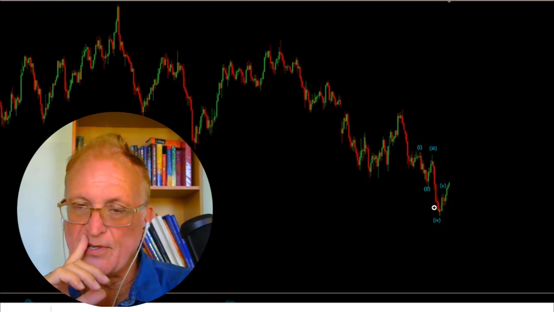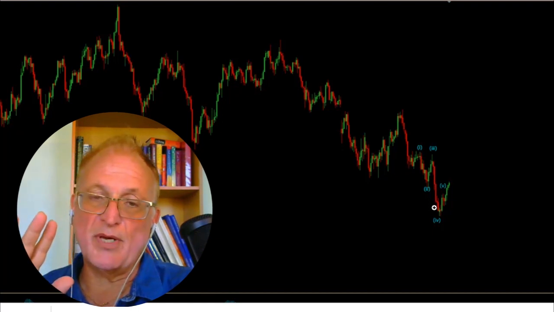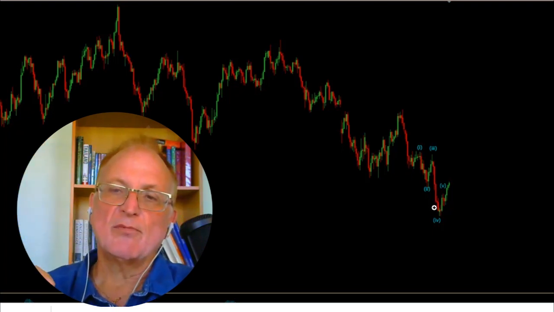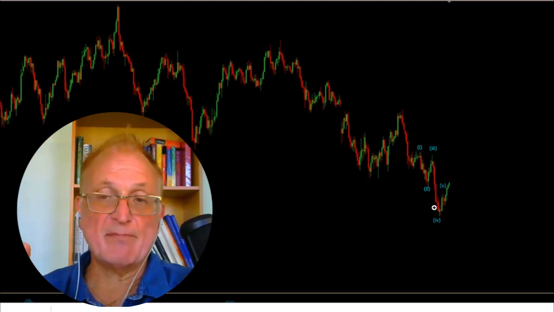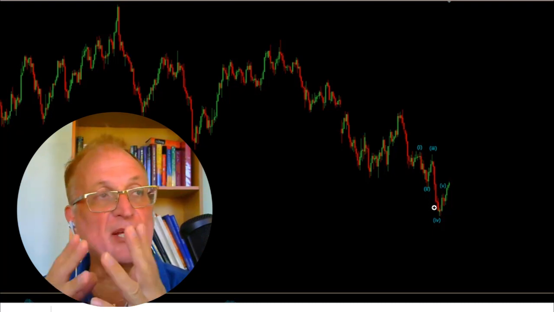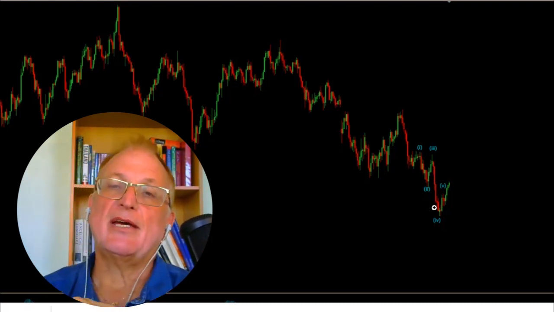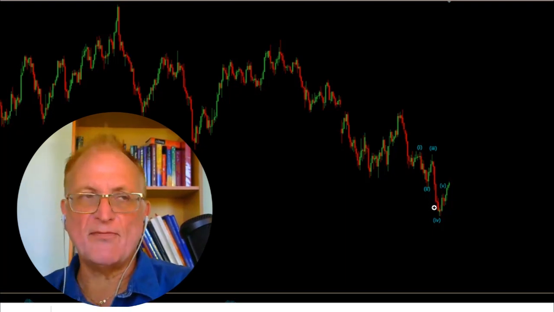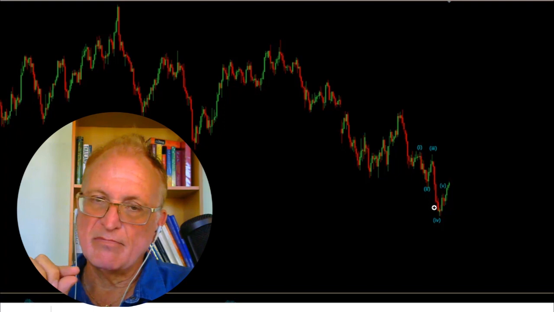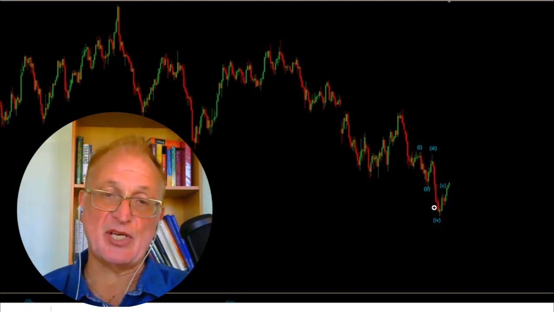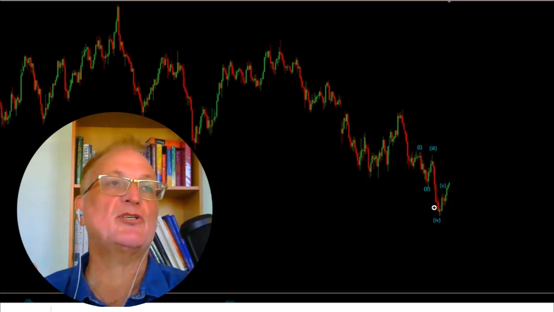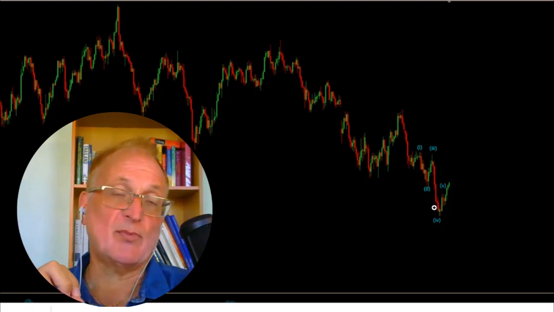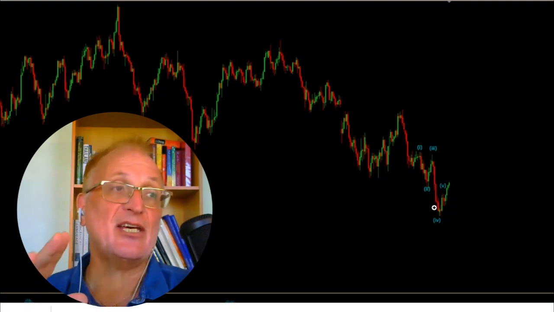Okay, so the first thing is, and I don't want to be putting this off like an excuse, but for one thing, the choice of pairs that you look at is part of how you trade. And I'm not looking at the Canadian yen, and if I was, I would be looking at it as a yen pair, and I would be trading it as a yen pair, probably not trading it as a Canadian pair.